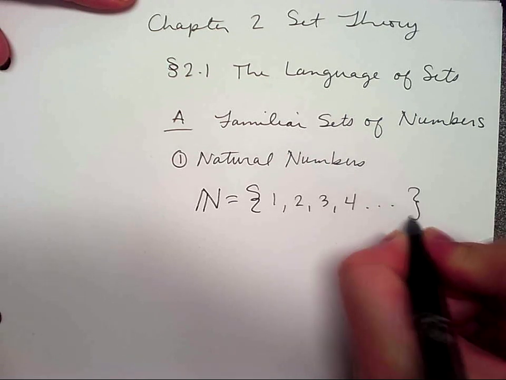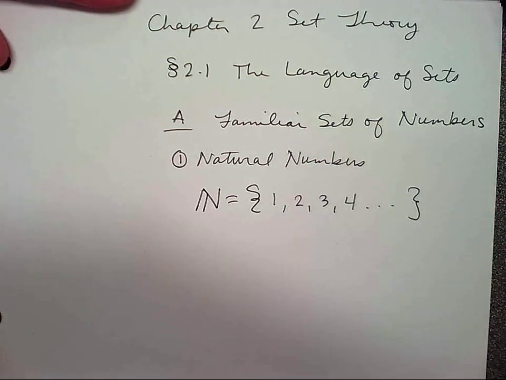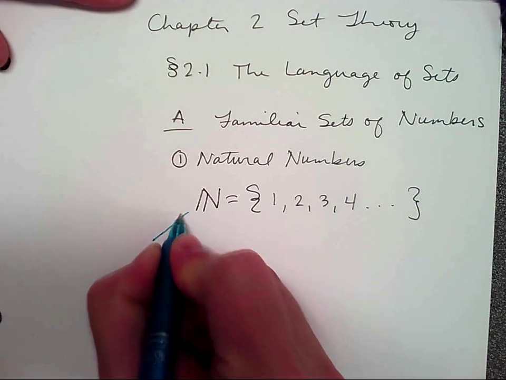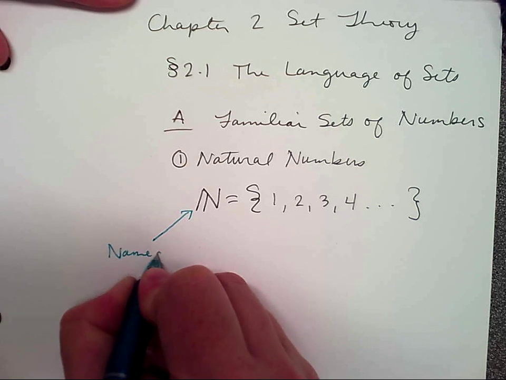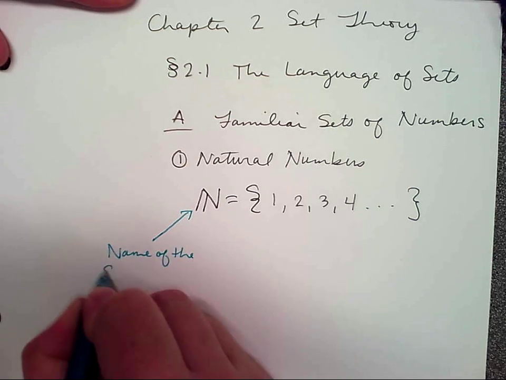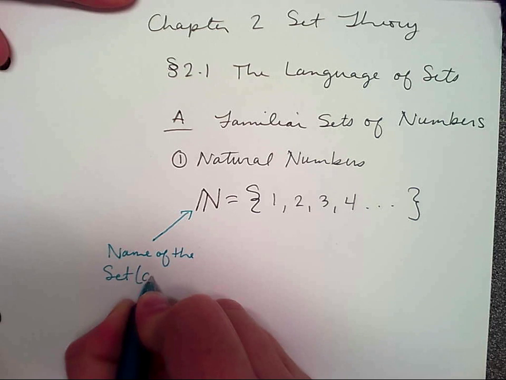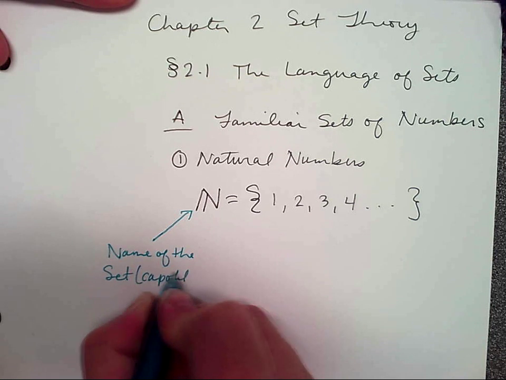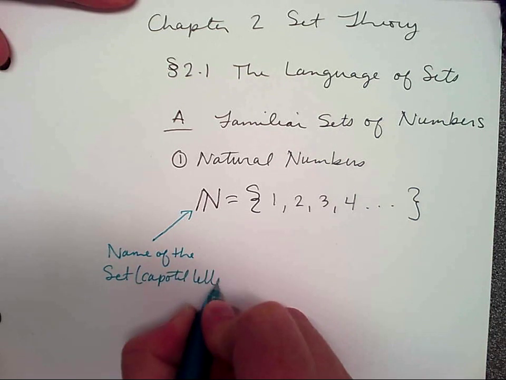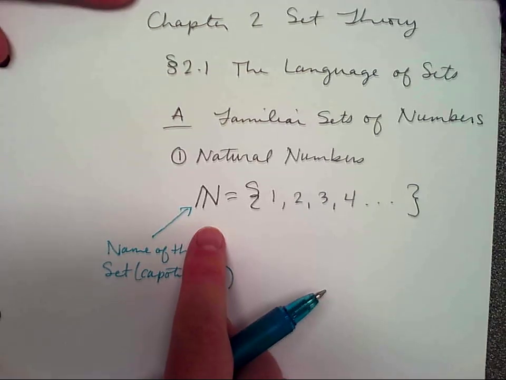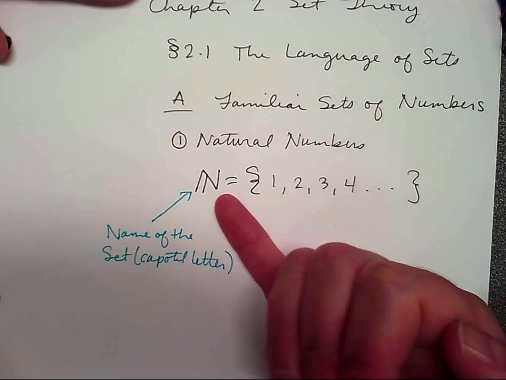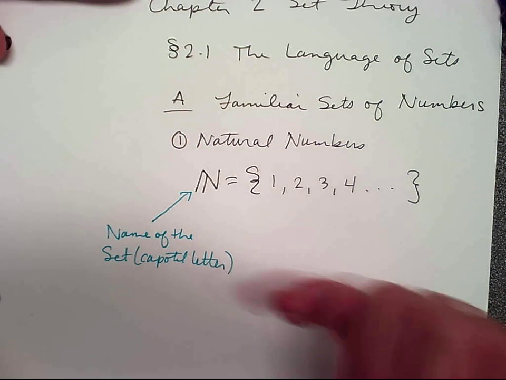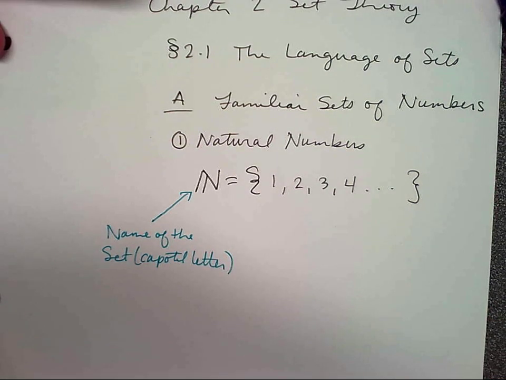All right, so let's point out the important stuff. This capital N is the name of the set. It's usually a capital letter. Here, because we're talking about the natural numbers, which we already know, it does have a specific letter assigned to it.